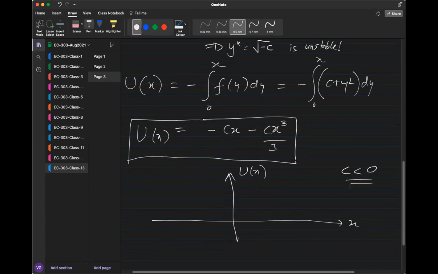How will this function look? Actually, I don't see any answers.